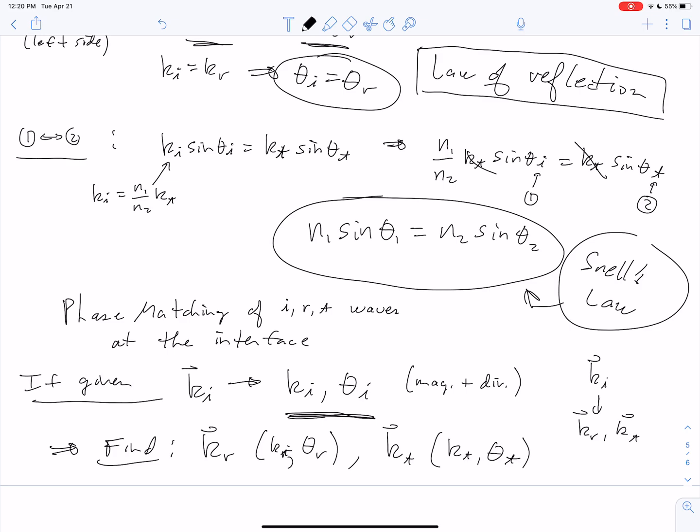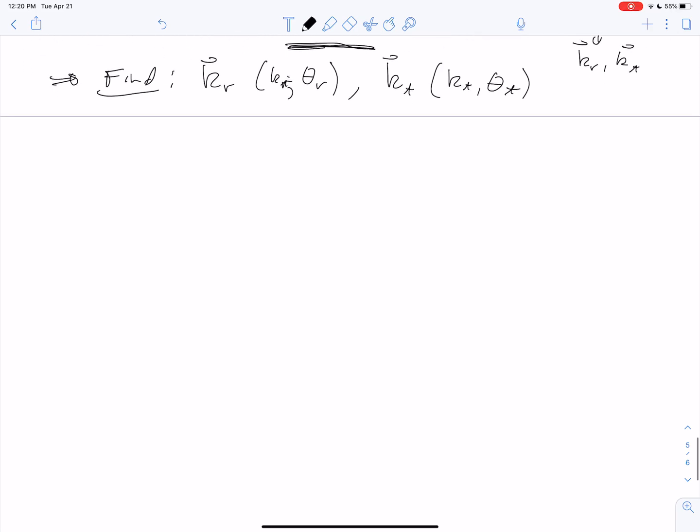Okay, good. But what we don't know is this. Suppose we're given the amplitude of the electromagnetic wave, Ei. Then the question is, what are Er and Et?